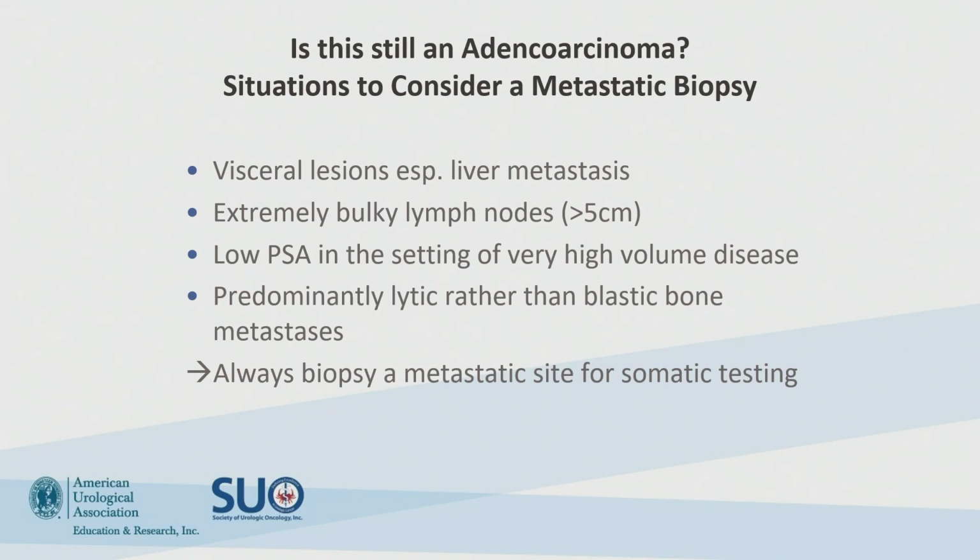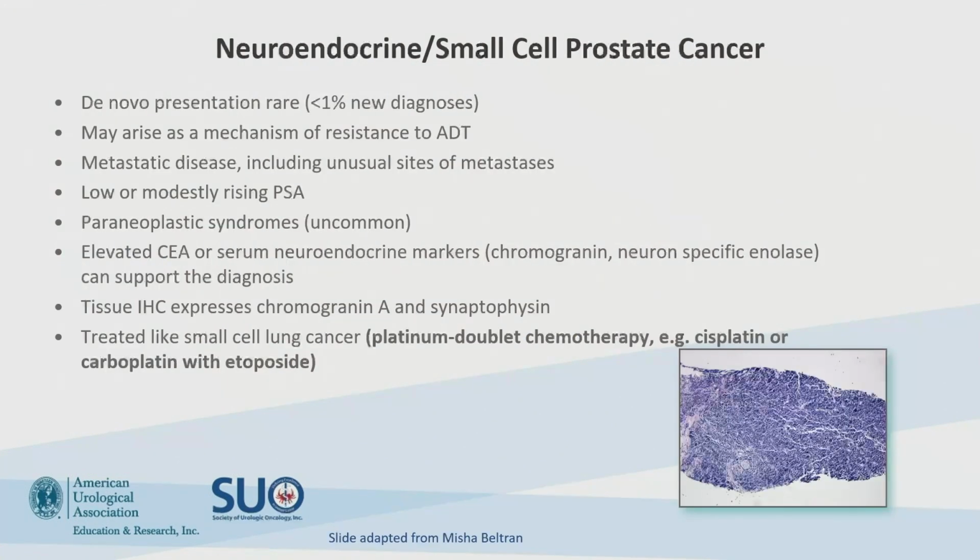So if we have low PSA, we probably have low testosterone signaling. And so this raises the likelihood that we have a small cell differentiated or non-androgen dependent type histology. We also have listed here predominantly lytic rather than blastic bone metastases, but in general, if there's a disconnect, if the cancer is not representative by what you're seeing in the imaging or the patient's quality of life or clinical symptoms, it's always wise if you have the opportunity to get a biopsy.